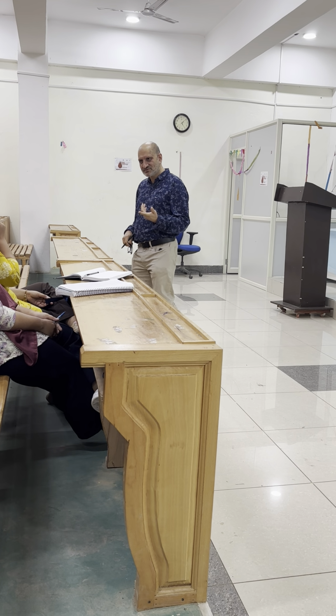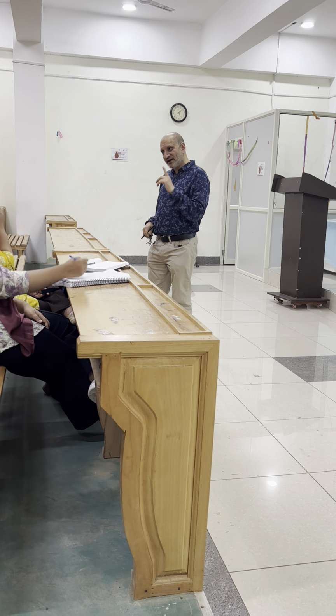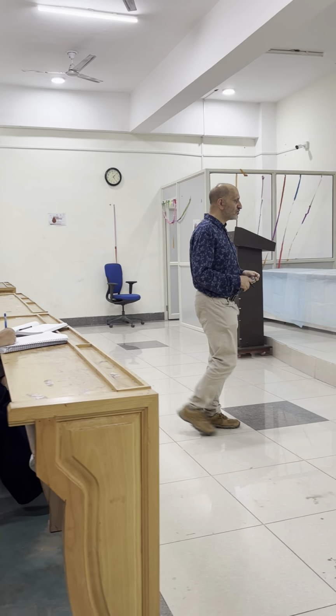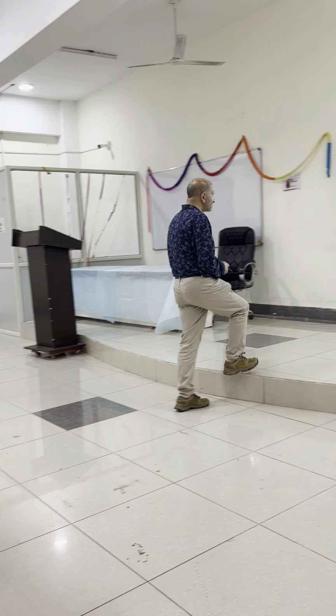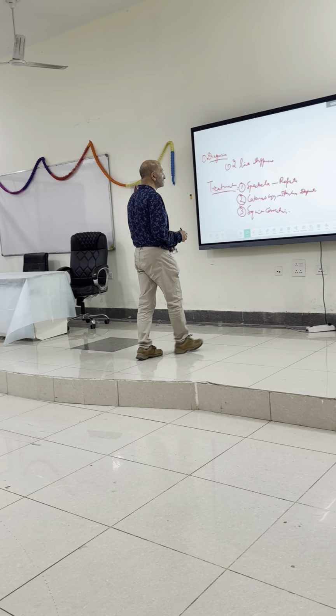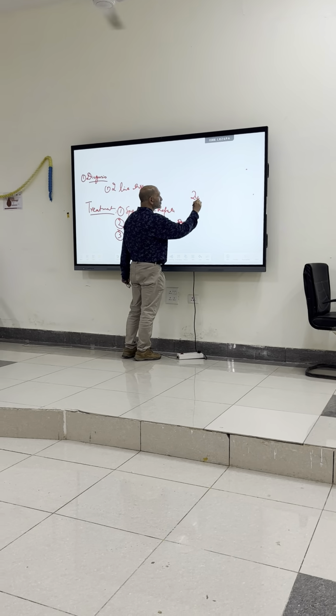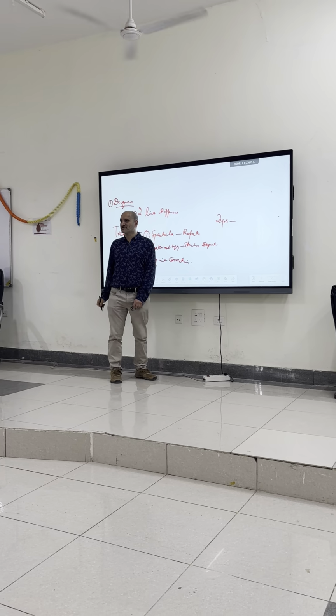This is patching. Okay? But patching has to be given after we give the spectacles, not without spectacles. This is the rule of thumb. If the child is 2 years, you do 2-day patching.